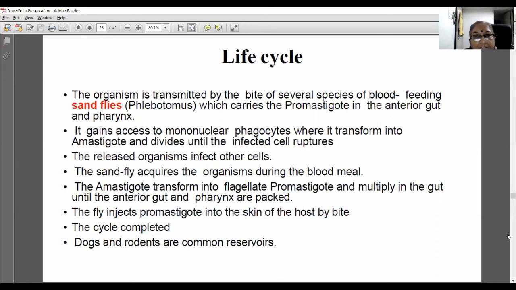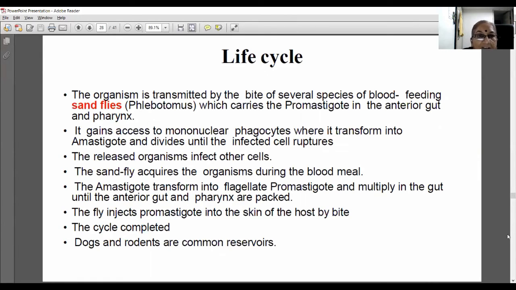This promastigote immediately gets converted into amastigote forms and reaches the mononuclear phagocytes, where it divides until the infected cell ruptures. The amastigote starts dividing and redividing, usually by longitudinal binary fission.